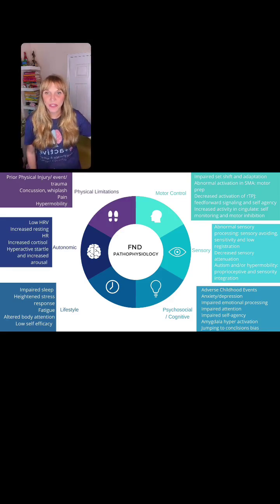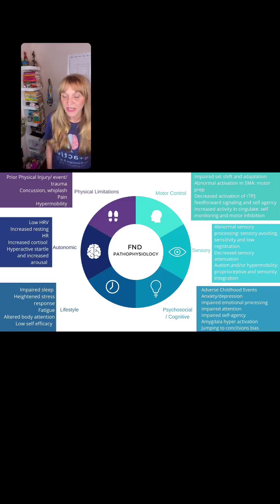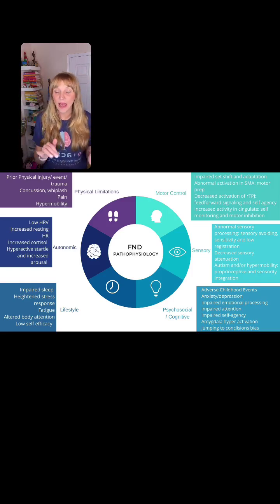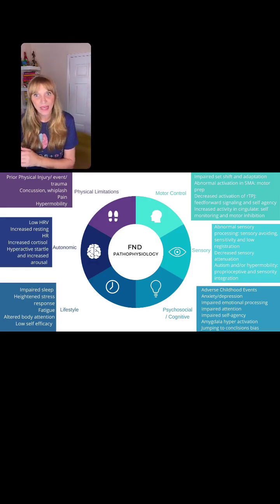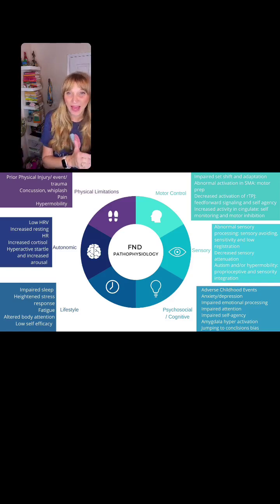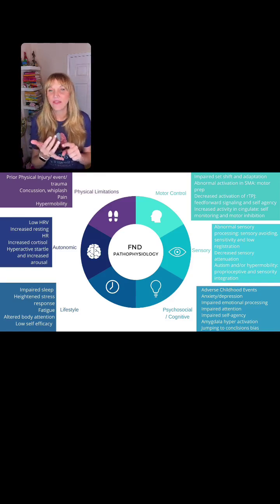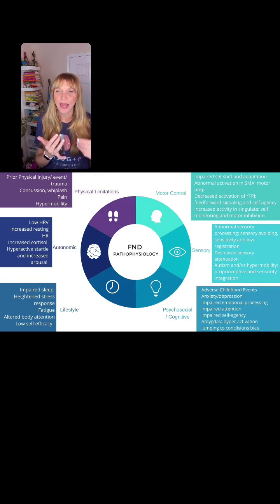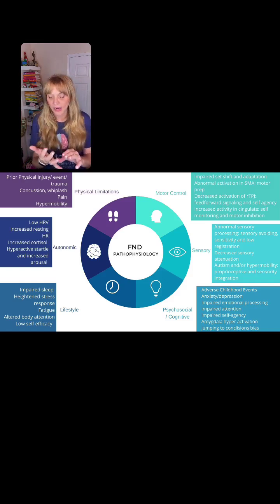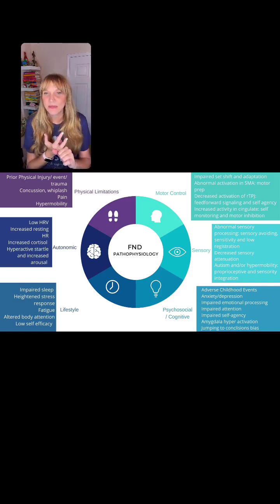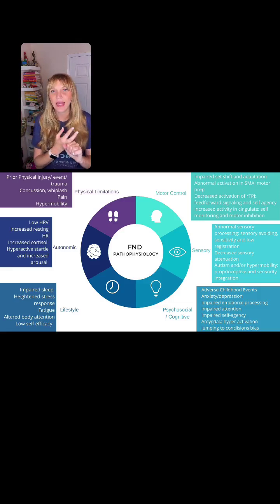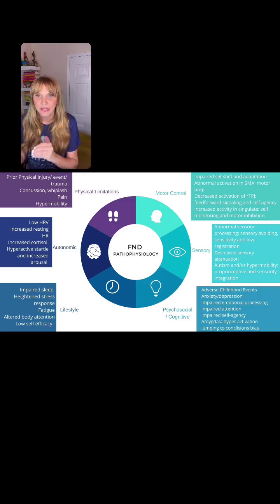The next one here is lifestyle. So we do understand from the literature in FND that lifestyle can be hugely impacted by FND, and lifestyle impacts FND. This is things like fatigue and energy and pacing throughout the day. That's a very big one. Sleep is highly impacted in FND, and FND impacts sleep.